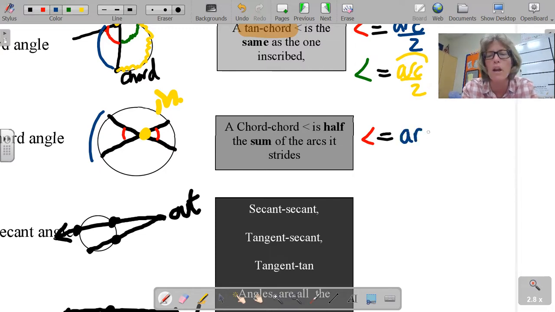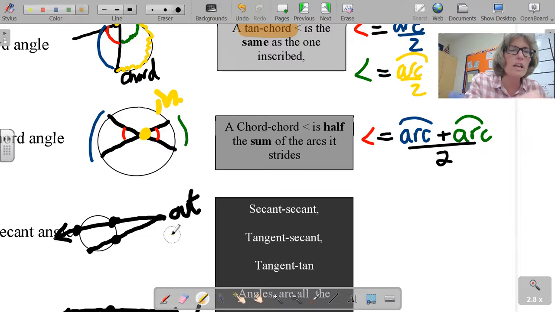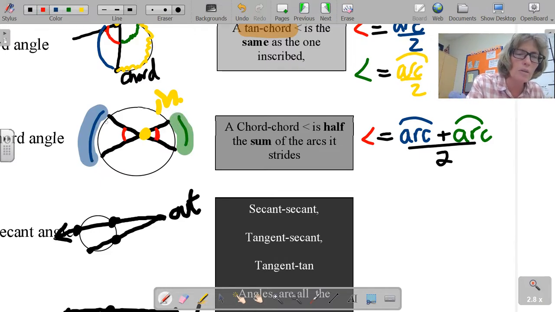So that would be 1 arc, and here would be the other arc, over 2. So for those red chord angles, you take the arcs it straddles, you add and divide by 2. That's going to get you those angles right in here.